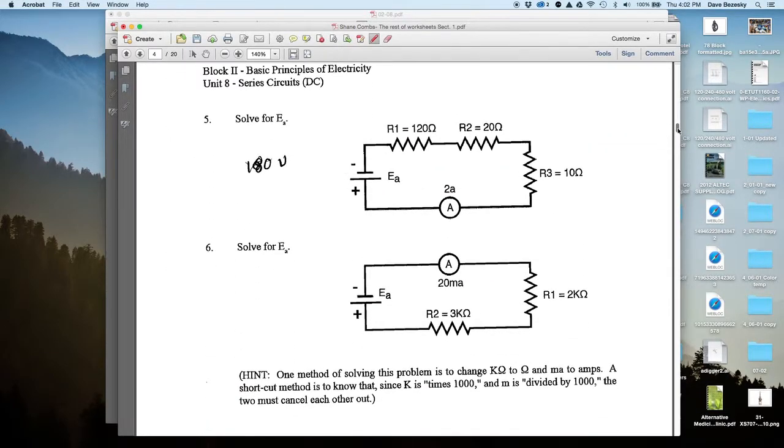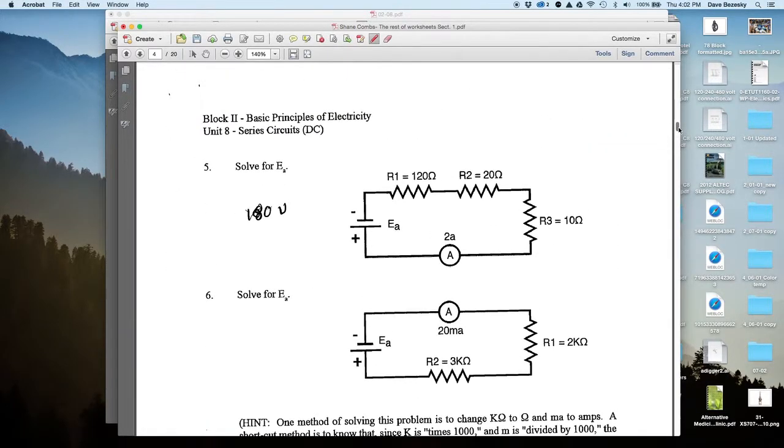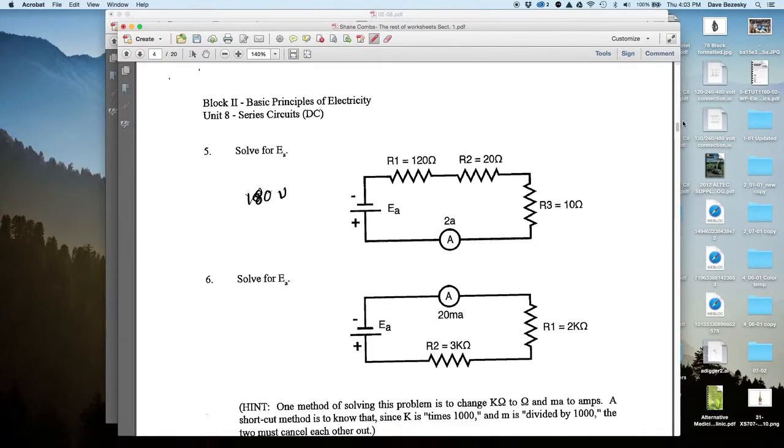Okay. Looks like we've got a couple left to go here in assignment sheet 3. Same type of thing as the one before, all he did was add another resistor to it. So he says solve for EA. Instead of 2 resistors, we've got 3: R1, R2, R3.